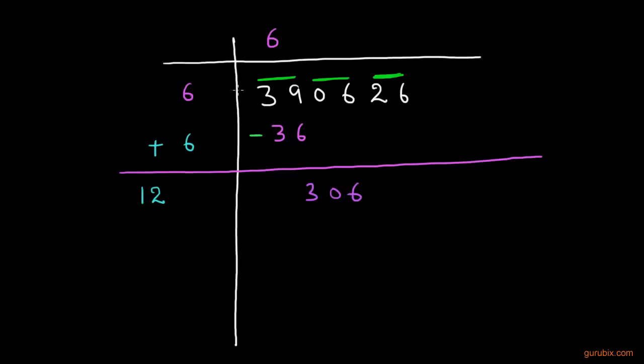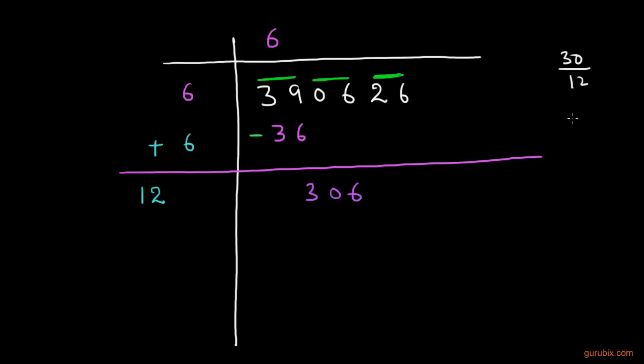And how can we do it? We leave the unit digit of this number 306 aside and take the number 30 and write it here, and divide this 30 by this 12.